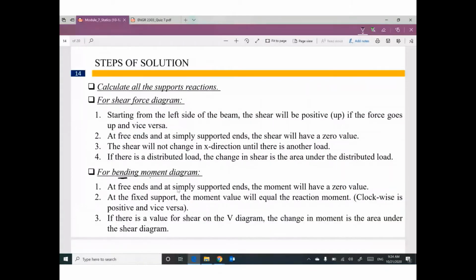Just to remind you, if you have a free end, which means an end without support, or you have a simply supported end, which means you have a hinge or a roller, if you have one of these cases, your moment will be 0.